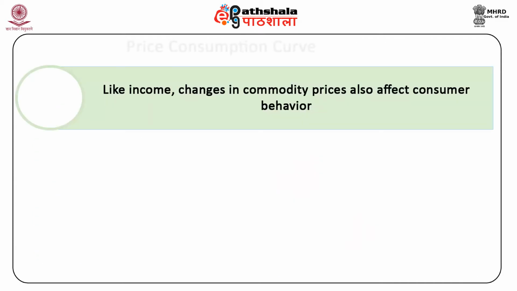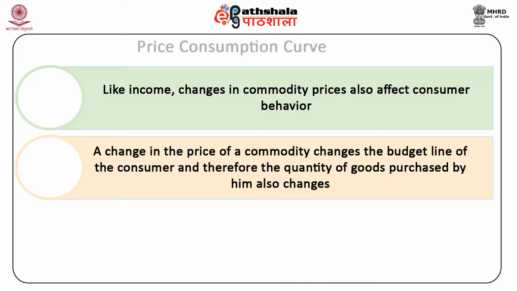Like income, changes in commodity prices also affect consumer behavior. A change in the price of a commodity changes the budget line of the consumer, and therefore the quantity of goods purchased by him also changes.